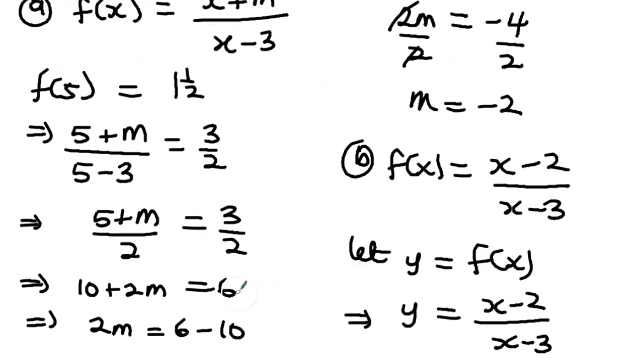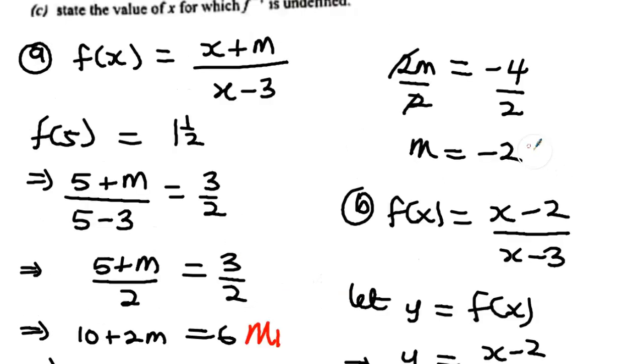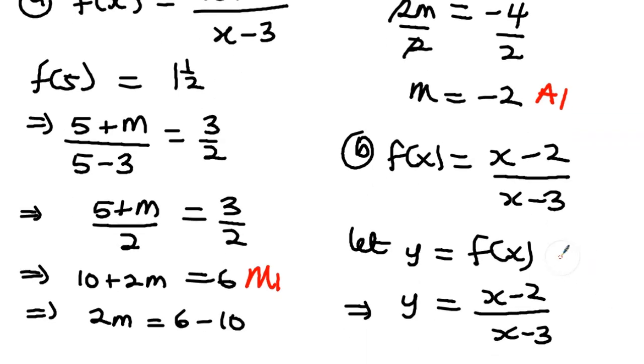So now the first mark will be M1 here. When the student is able to substitute and then simplify up to this level, the candidate will get M1. If successful in getting the value of m, gets another one, A1, for the correct answer. Then the B part, here there wouldn't be any mark there.